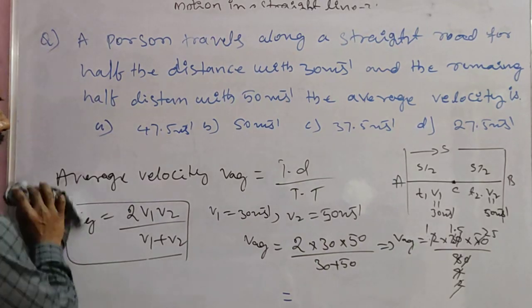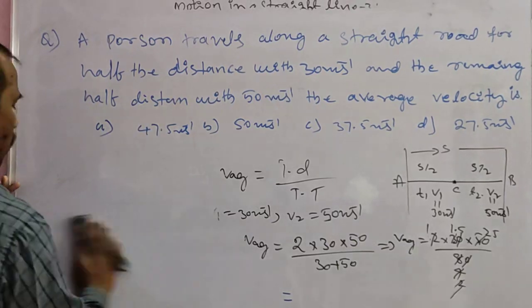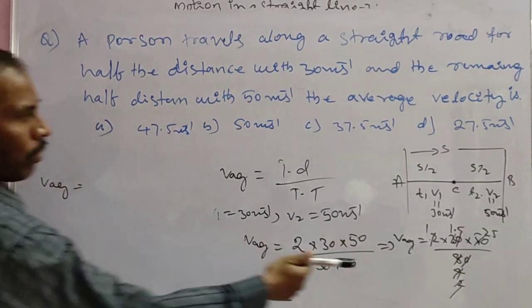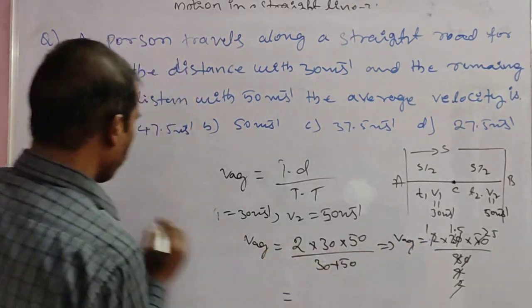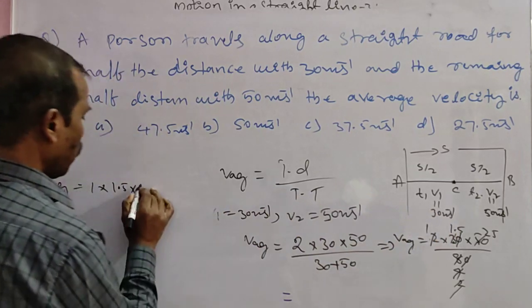That value: average speed is equal to the remaining terms, 1 into 1.5 into 25.